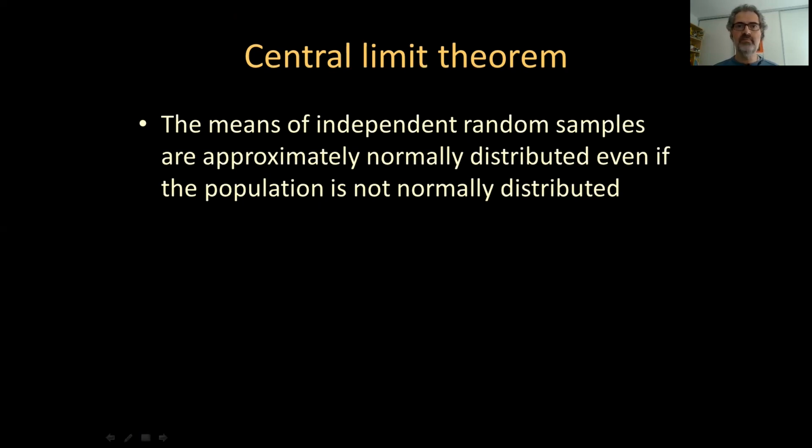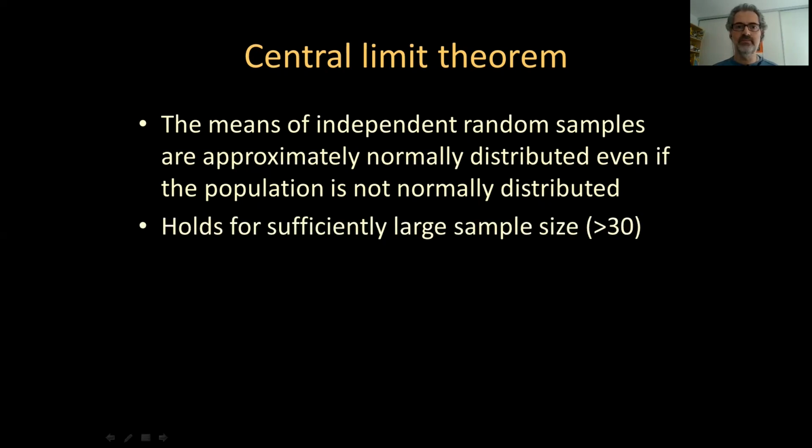So the population may not be normally distributed, which means that the samples from the population will not be normally distributed, but the means of the samples will be approximately normally distributed as long as the samples are sufficiently large.